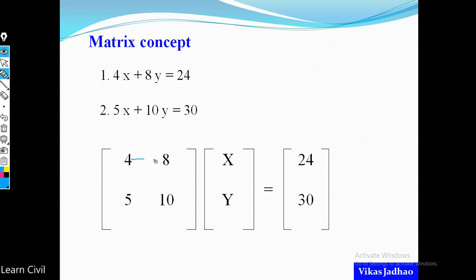Multiply this row with this column and it will be equal to the first value. If we solve this, we get 4x plus 8y is equal to 24, and the second row multiplied with the column of the second matrix will be equal to 30. So the equation will be 5x plus 10y equal to 30.